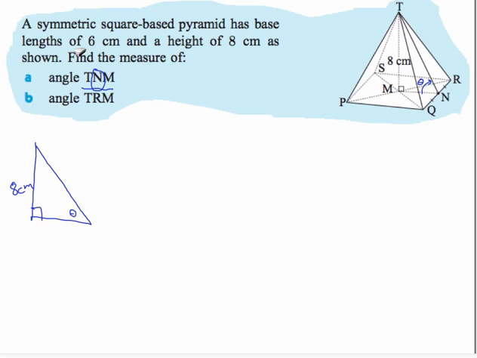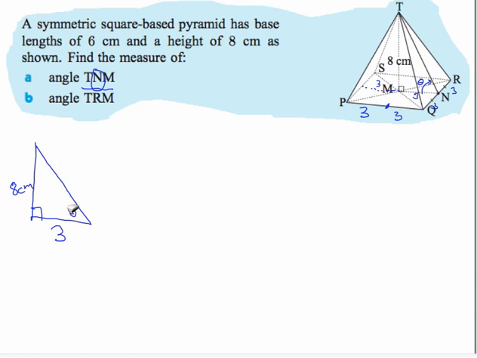It also gives us that the base lengths are 6, so that means that this is 3 and this is 3. We can check it on this side: there's also 3 and 3, so in the middle here, this is 3 and this is also 3. So we do have the other side length. This is going to be 3.